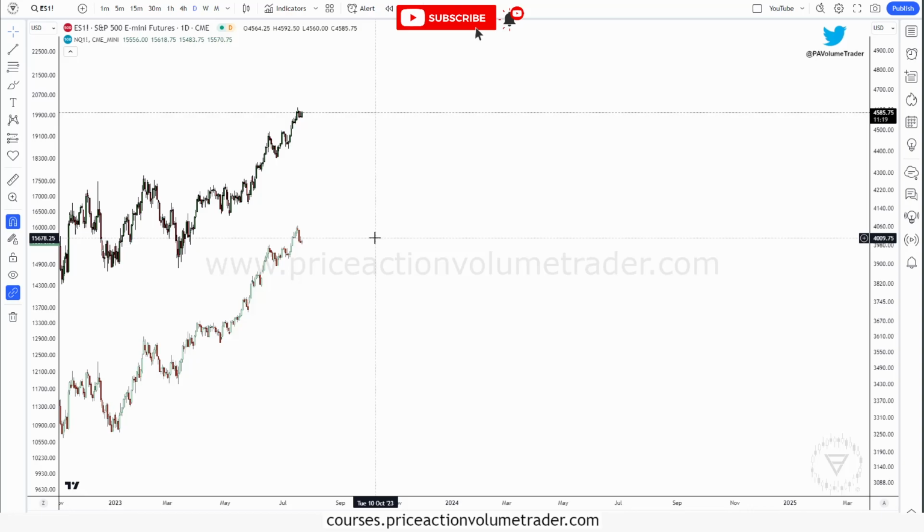So if there's two markets that move exactly the same one against the other, we would say that it has a +1 correlation. And inversely, if we have two markets that move completely opposite to one another, then it would be a -1.